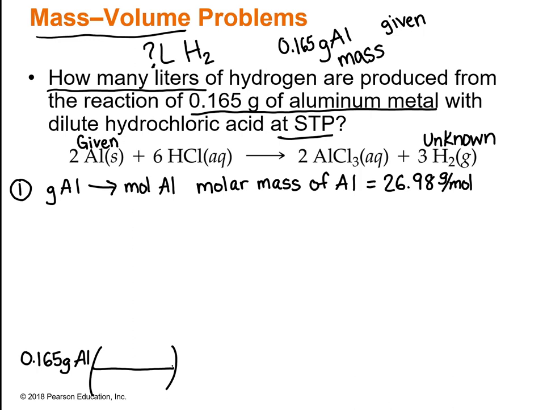We're trying to cancel grams, so they need to go on the bottom. And that leaves the 1 mole of aluminum for the top. Because remember, this molar mass, what it looks like is like this. That's how you write it as a unit factor. The grams on top, moles on the bottom, or you could put moles on top and grams on the bottom.